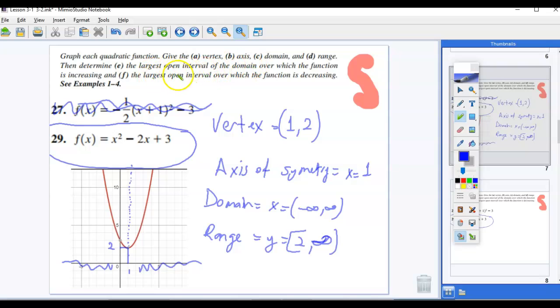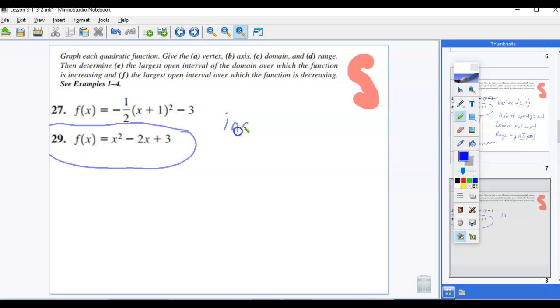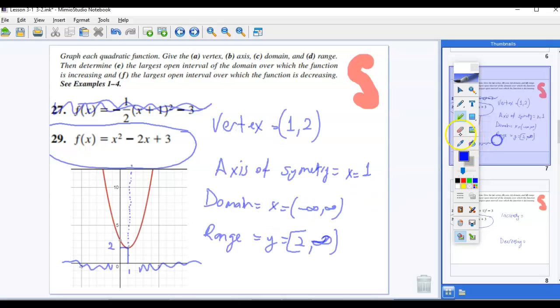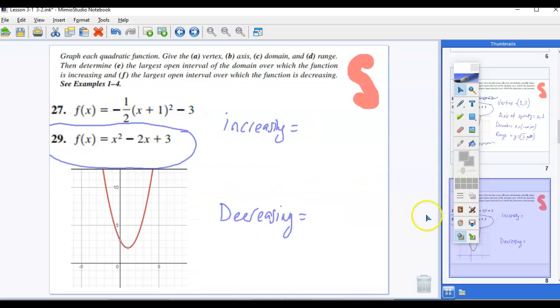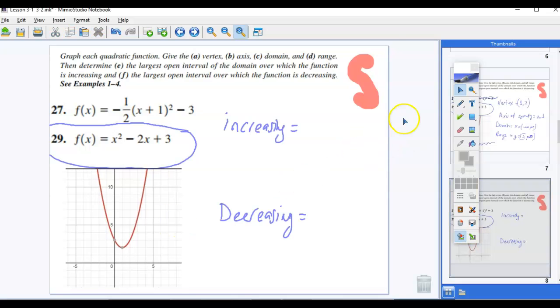And lastly, increasing and decreasing part. Increasing and decreasing. Let me copy paste this one more time. Here we can see better. Here we go. As you've seen, starting here, this part should be my increasing part, right?